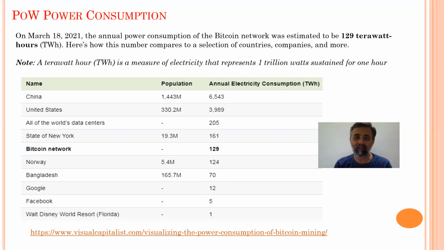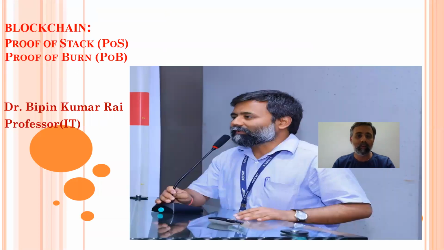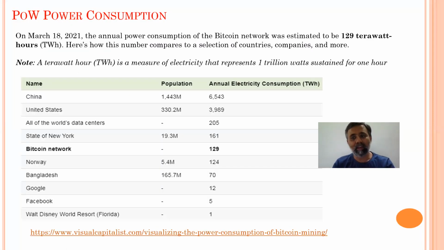Personally, I feel that we should find an alternative mechanism for this network. In the next lecture, I will talk about the alternatives to the proof of work mechanism, that is proof of stake. So enough for today. Thank you.